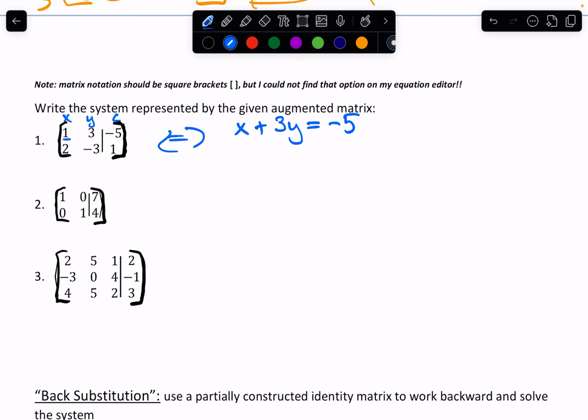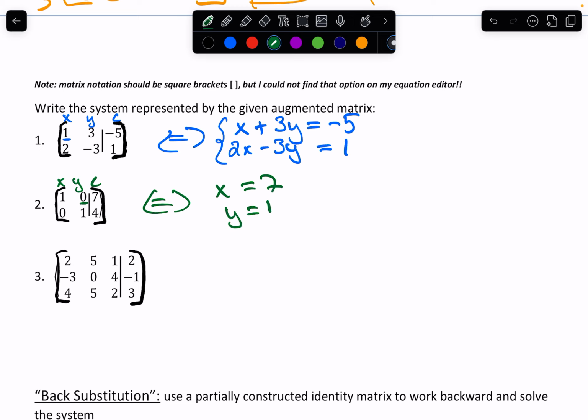And then our second equation is the second row, which is 2x minus 3y equals 1. And that is our system of linear equations for that augmented matrix. Same thing here, x, y, and constant. Now, since the coefficient for y would be a 0, we don't need to write it. We can just write x equals 7 and y equals 4.